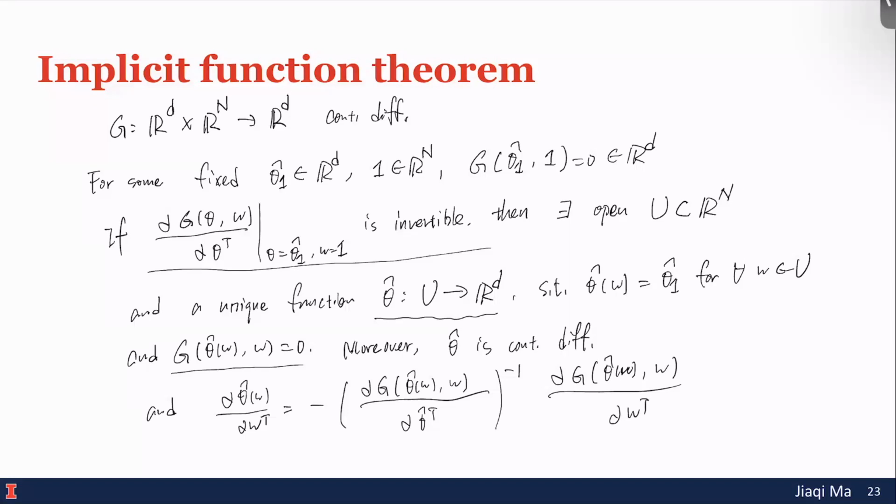In our notation, we can further simplify this as minus the inverse of H(theta hat(W), W) times the partial of G with respect to W. This is what we can get from the implicit function theorem.